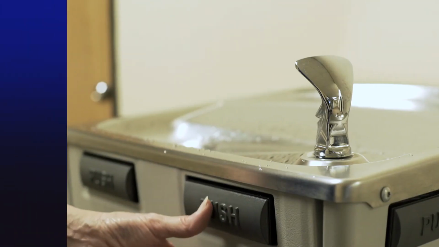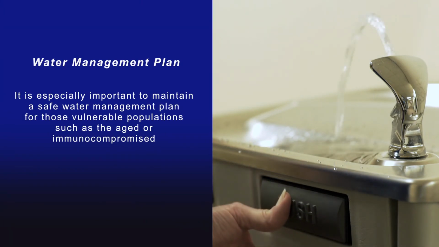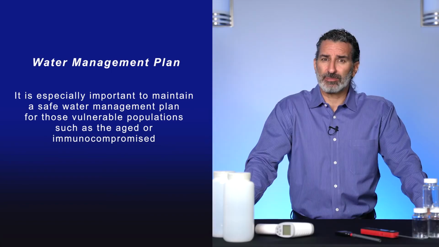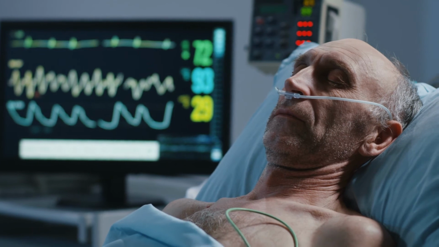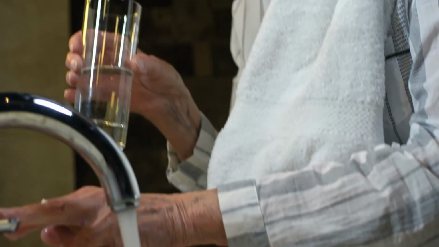Your water management plan should provide safe water for all of your occupants. It's especially important if you house vulnerable populations, such as the immunocompromised or the aged. If someone in your facility is diagnosed with Legionnaires' disease, it doesn't guarantee they received that exposure at your facility. Again, Legionella pneumophila is in all water.